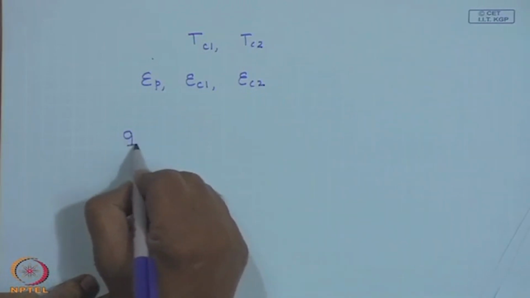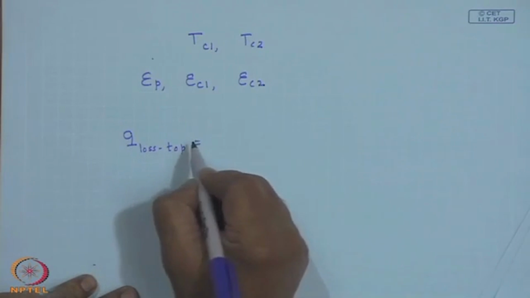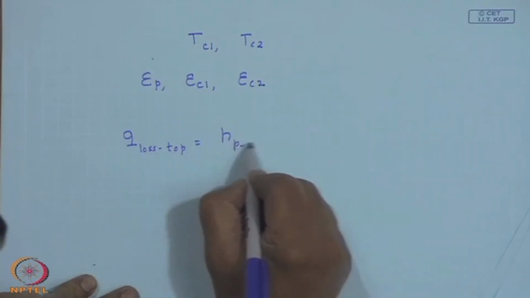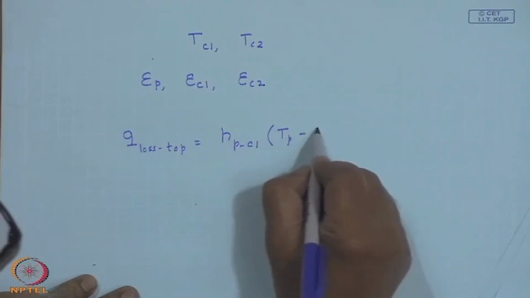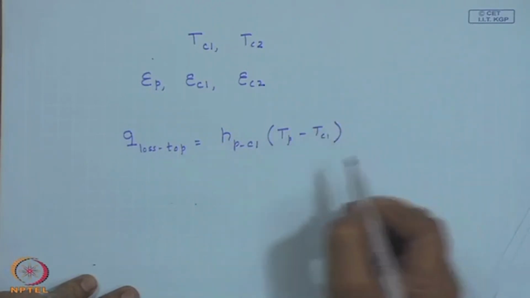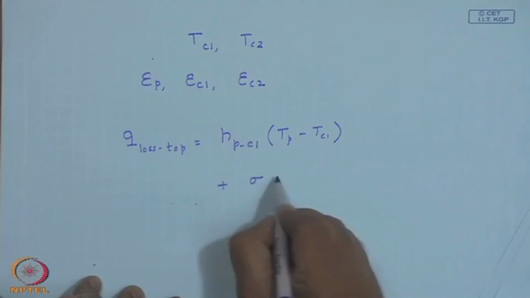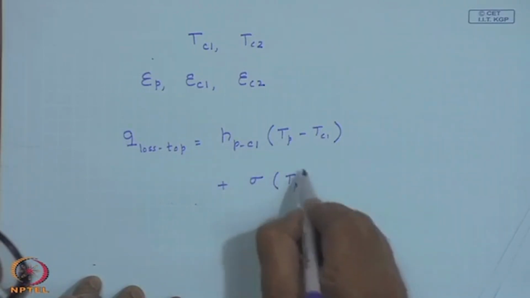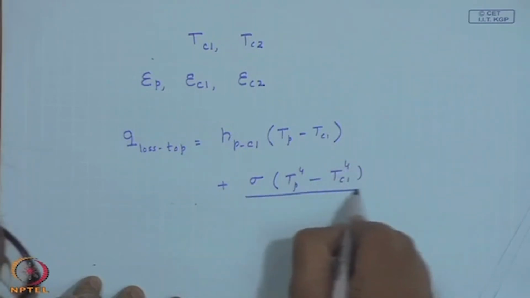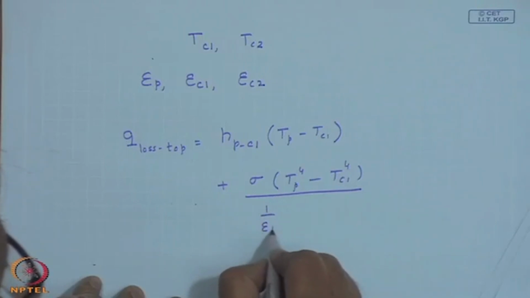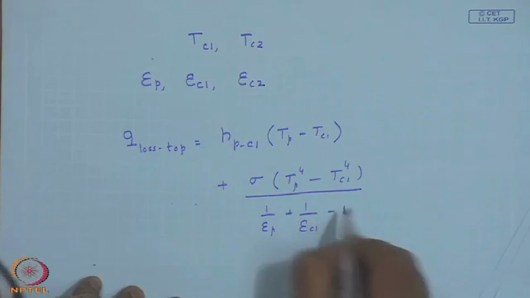So, I can express Q loss top should be equal to H p C 1 into T p minus T c 1. This is the convective loss from the plate to the cover 1 plus sigma T p to the power 4 minus T c 1 to the power 4 upon 1 upon epsilon p plus 1 upon epsilon c 1 minus 1.